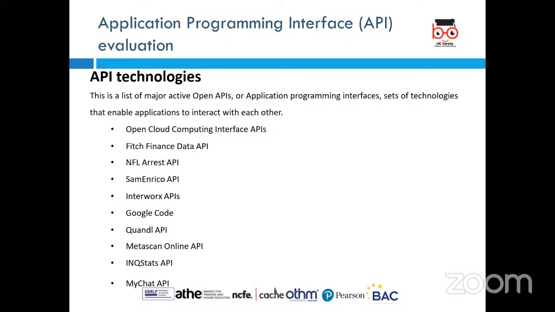APIs. For example, here we have a list of major active open APIs, which allow applications to interact with each other. These are a couple of examples, such as the Open Cloud Computing Interface APIs, the Fish Finance Data API, the NFLRS API, and so on.